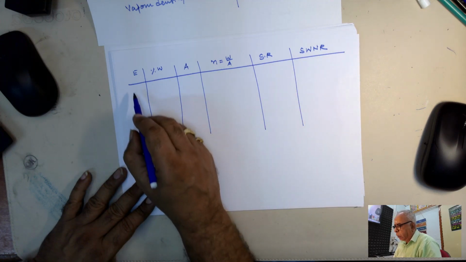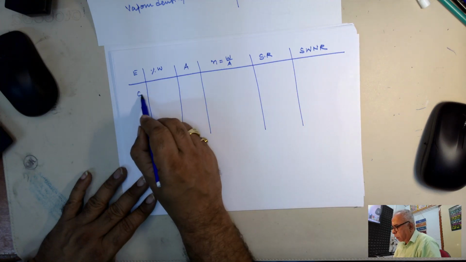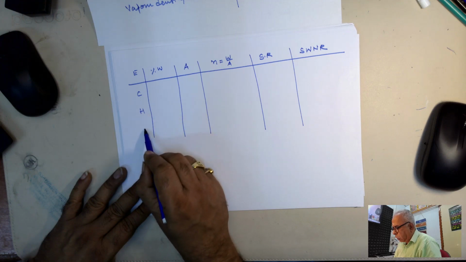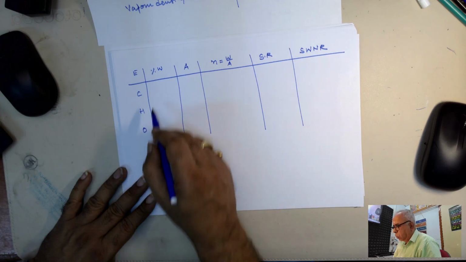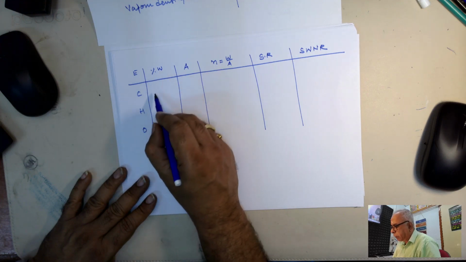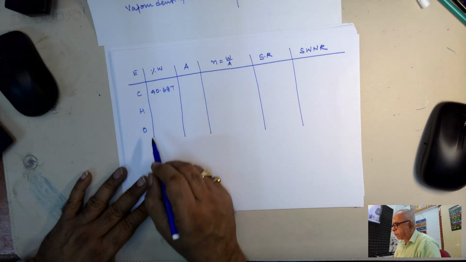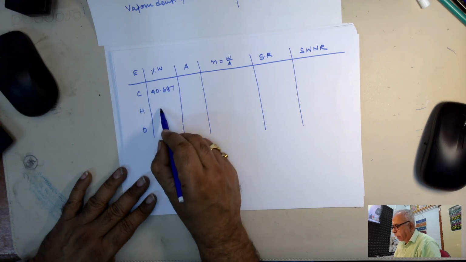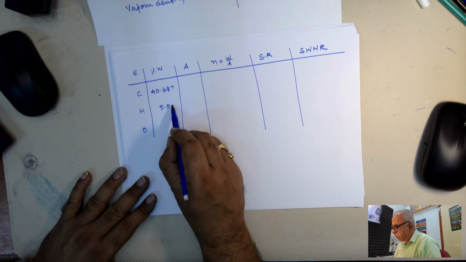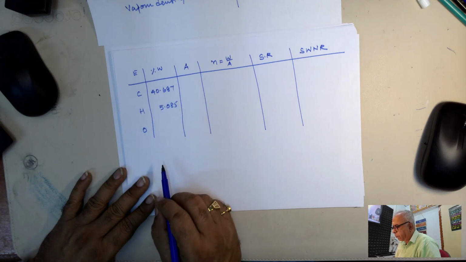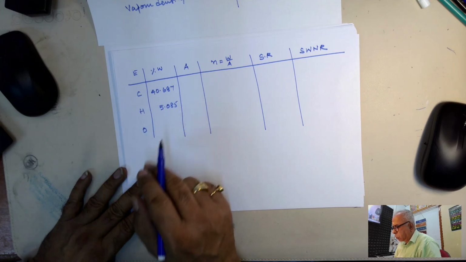Now, what are the elements present here? Carbon, hydrogen, oxygen. What is the percentage of carbon here? 40.687. What about hydrogen? 5.085. And oxygen is not given.